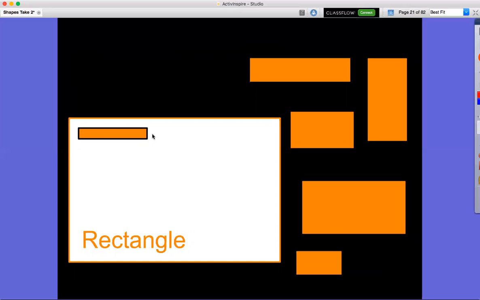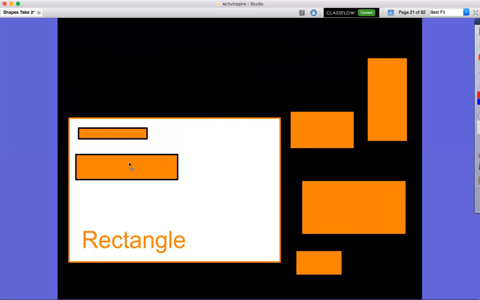This rectangle is a little bigger, but you can see it has four straight sides. Are they all the same size? No, that would be a square. Two short sides are opposite from each other. Two long sides are opposite from each other. And they are straight and have four right angles.